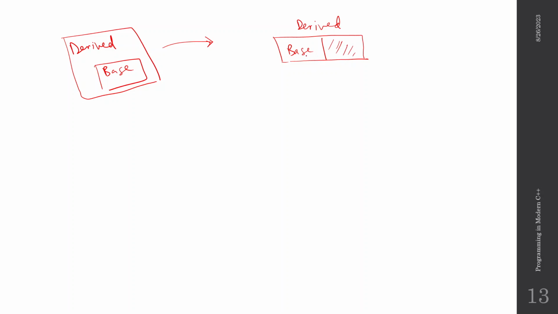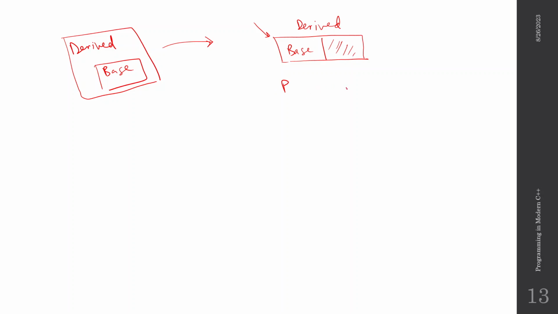And so if you have a pointer to this location at the beginning of the memory, that pointer can refer to both a base object and a derived object depending on how you interpret it. Okay, so the same address, let us say you have a pointer p, and this is the same address.